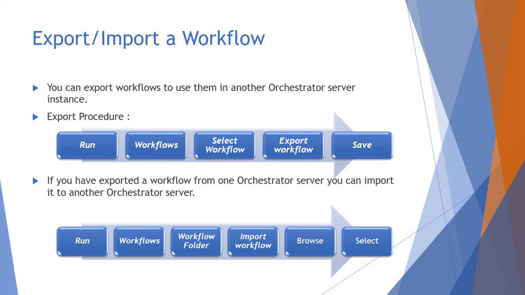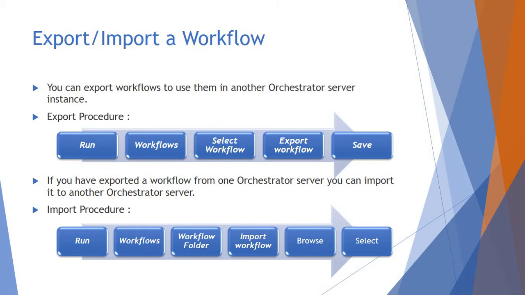Import a workflow. If you have exported a workflow from an Orchestrator server, you can import it to another Orchestrator server. Procedure. From the drop-down menu in the Orchestrator client, select Run. Click the Workflow view. Browse the workflow folder in which you want to import the workflow and right-click it. Select Import Workflow.